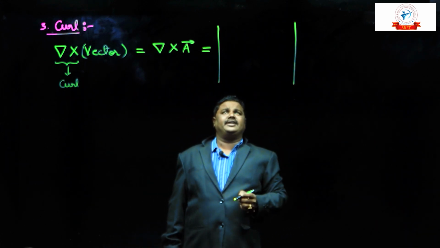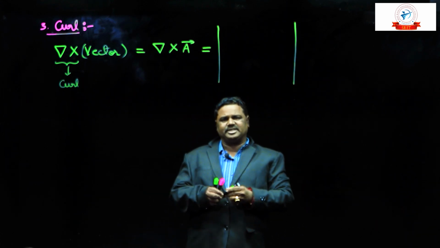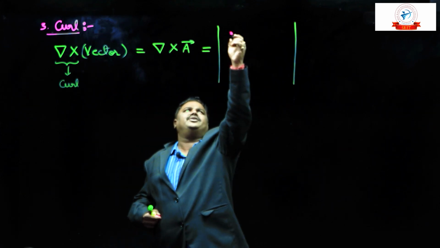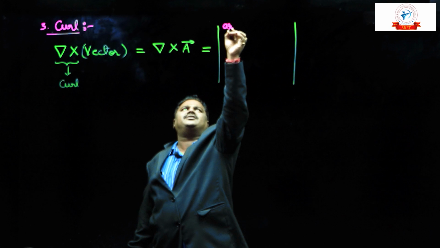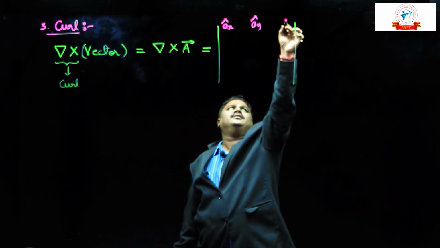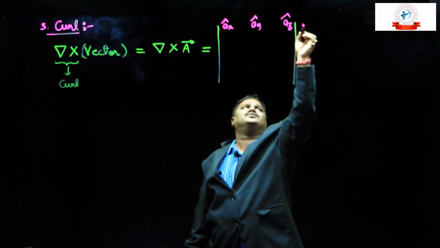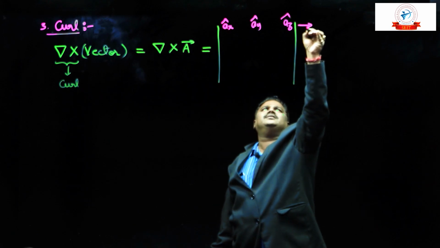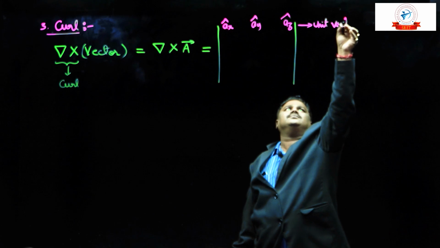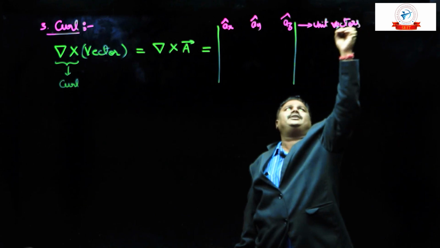In the determinant, the first row must be unit vectors, represented by a x cap, a y cap, a z cap.